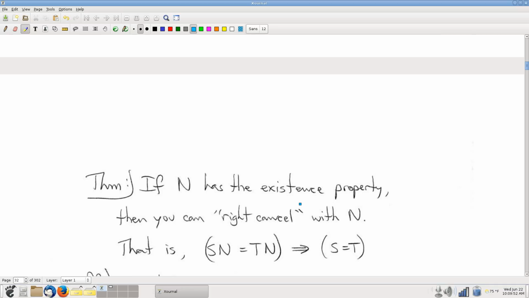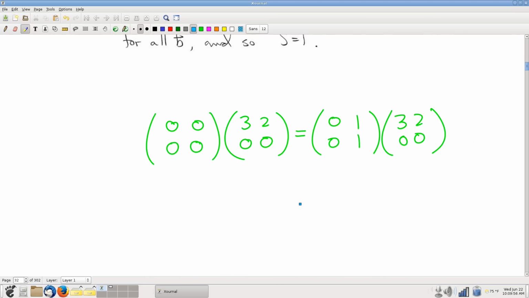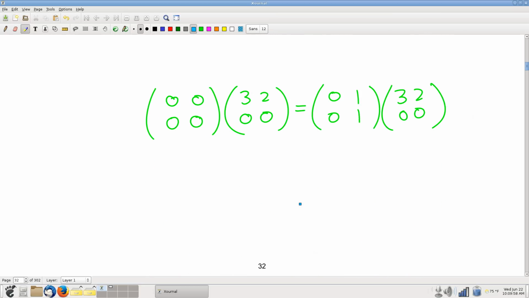Okay. So first of all, let's see an example where right cancellation doesn't work. It's not hard to check that the arithmetic on this example is fine, right? This is a true statement. The product of matrices on the left equals the product of matrices on the right.